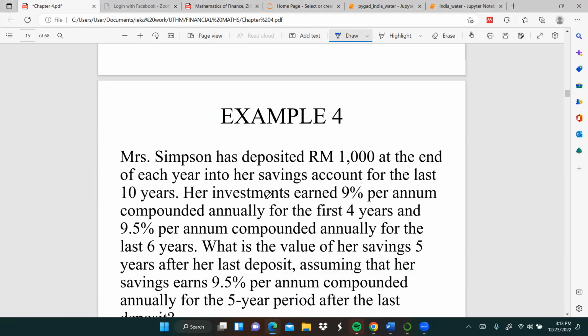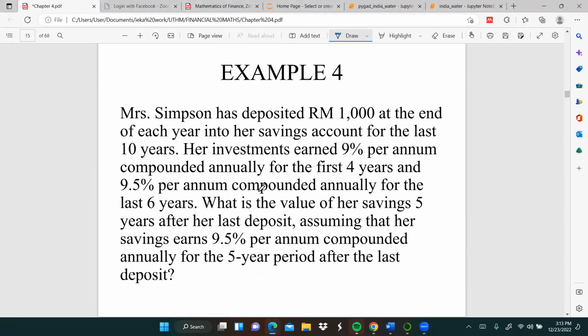Okay, so next, we have Mr. Simpson has deposited 1,000 at the end of each year into her saving account for the last 10 years.